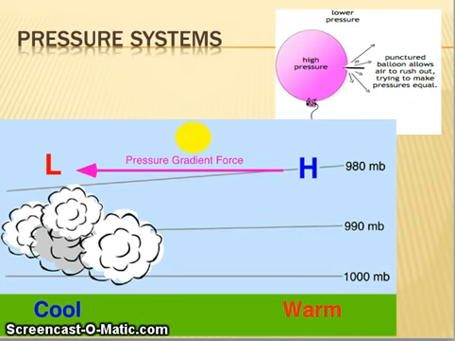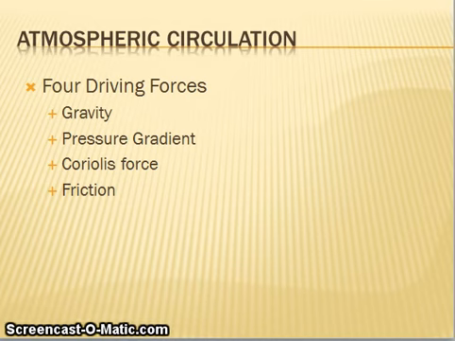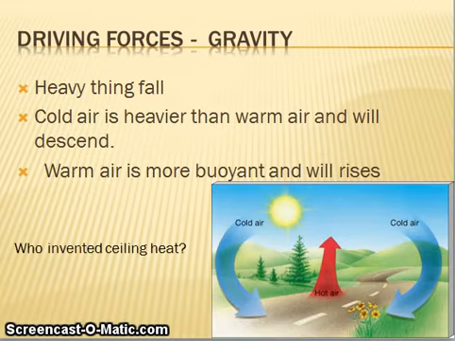So when we look at atmospheric circulation, you need to think of 4 major controls on that system. One is gravity. Hot air is buoyant, cold air sinks. The other is the pressure gradient, so how things move from a high pressure to a low pressure under the effect of gravity. The Coriolis effect, and then friction, which is a bit of a modifying effect.